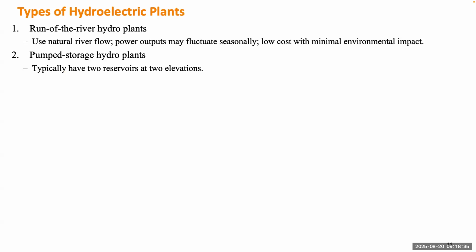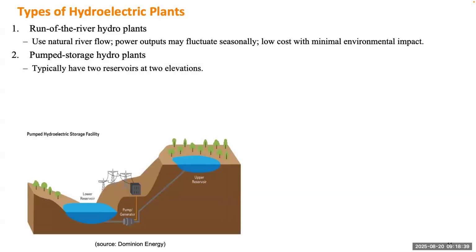The second type will be more flexible, but more complex. We need two reservoirs at two elevations. The bottom part is similar to the first type, but I also build a reservoir on top of the mountain to lift the water to a very high elevation, because the energy generated by the power plant will be equal to the potential energy carried by the water.